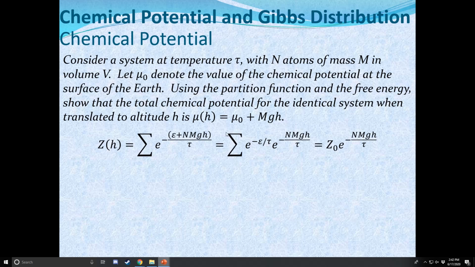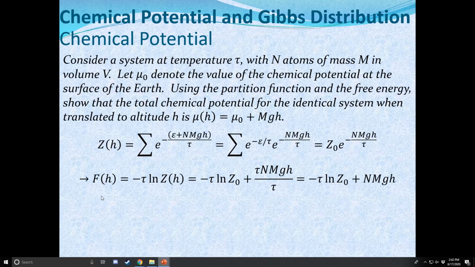This part is going to be the partition function. This part's not really a part of it because this summation, if you remember, is a function of the states. That's dealing with this part, not with this part in particular. So we can actually just replace this entire sum with the base partition function.